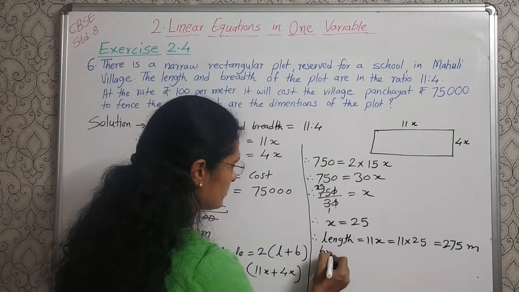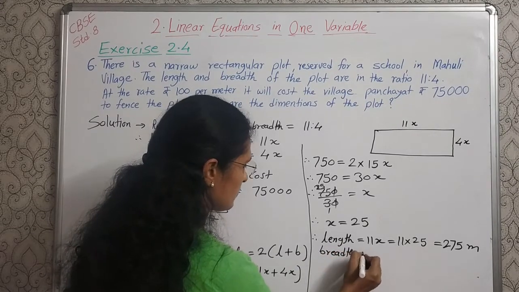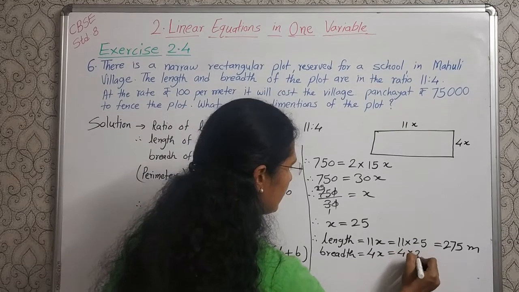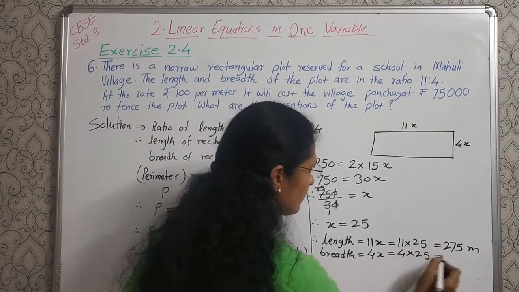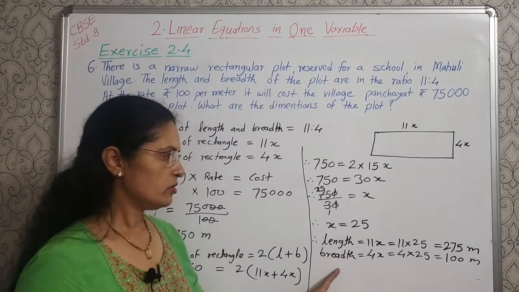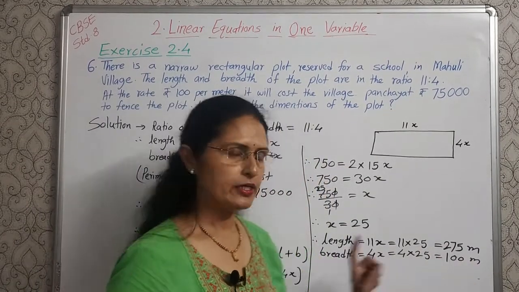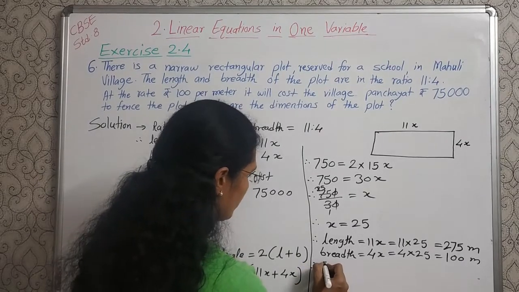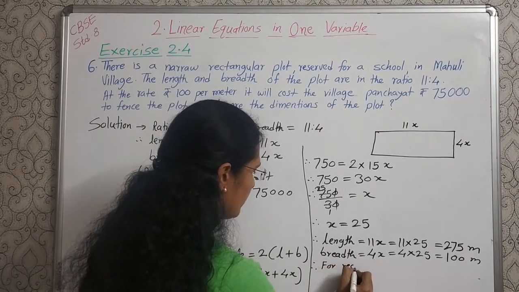Next, breadth. Breadth is 4x. So 4 multiplied by 25 is 100. Therefore, breadth of the rectangular plot is 100 meters. And so we can write the final answer for the rectangular plot.